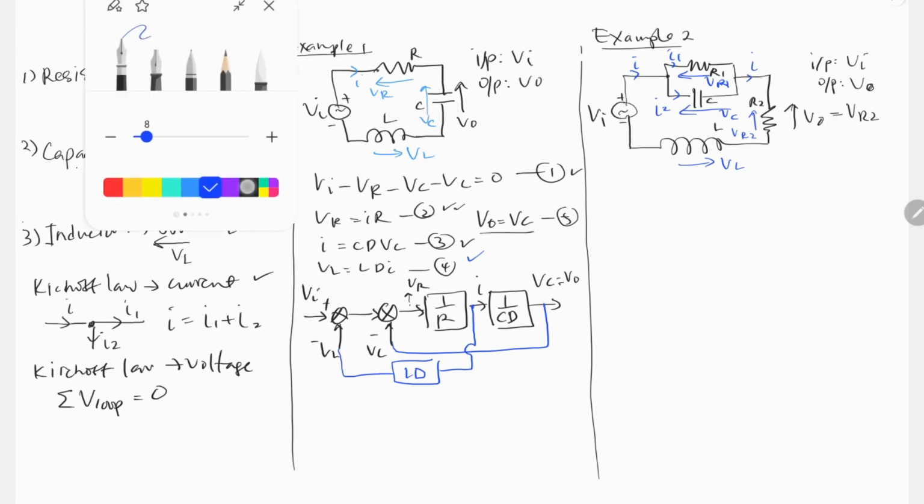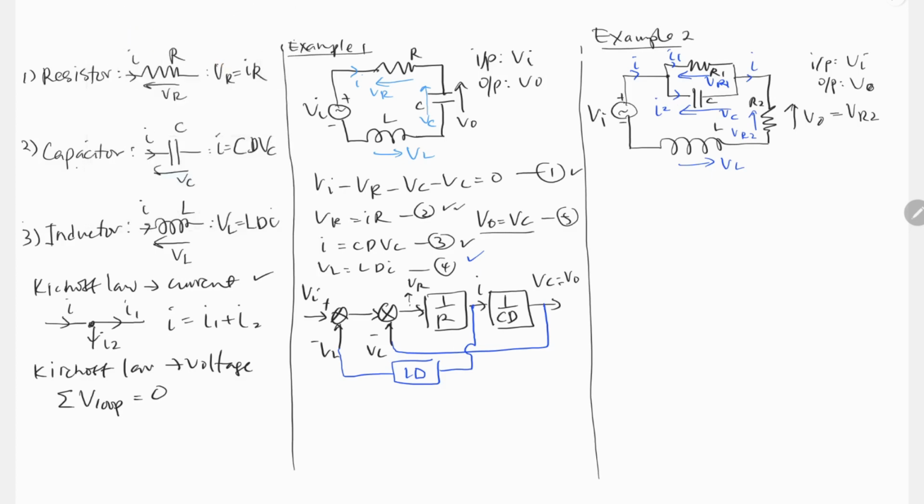Now we start to derive the equation for this electrical system. We start with the summation of voltage in the loop. So we have Vi minus VR1 minus VR2 minus VL equal to 0.